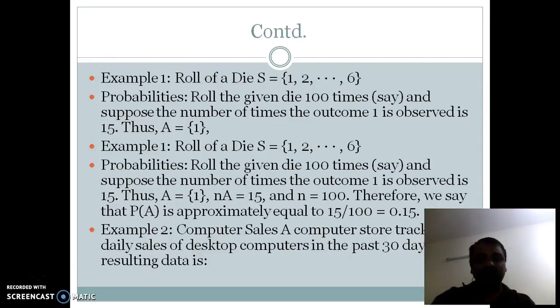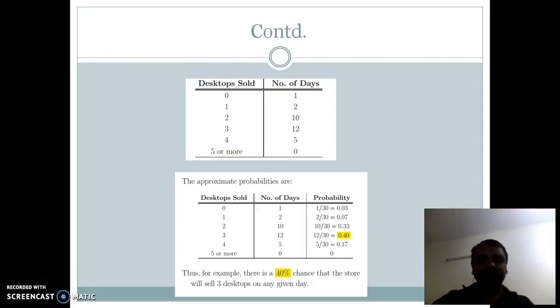Next, let's see an example of computer sales. A computer store tracks the daily sales of desktop computers in the past 30 days. The resulting data is as follows. Desktops sold 0, number of days 1.